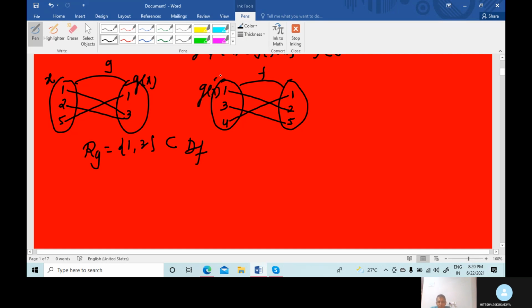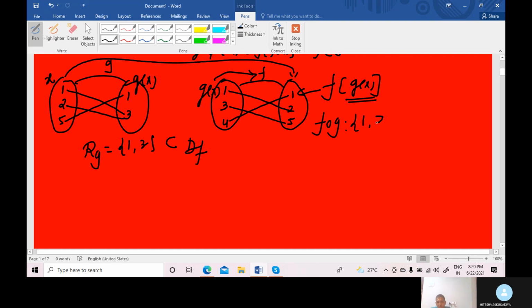Now we put g(x) in function f and we get the answer f of g(x). Is that clear, student? First we decide the domain and codomain. We start with the values {1, 2, 5} and end at {1, 2, 5}, so {1, 2, 5} to {1, 2, 5}.